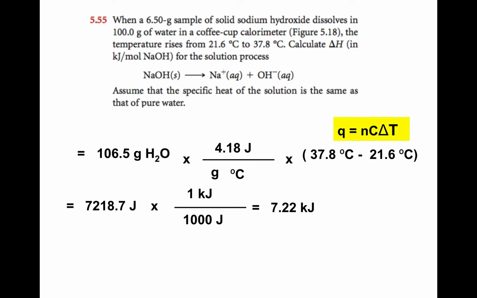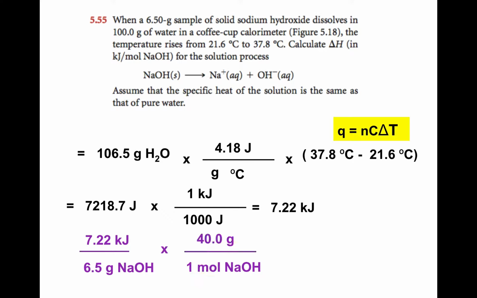What they wanted to know is what the delta H per mole of sodium hydroxide is. All right, so you dissolved a 6.5 gram sample. So for every 6.5 grams, that's how much heat went into the water, the 7.22. So you divide by grams and we get kilojoules per gram. We want to use the molar mass of sodium hydroxide to go to moles, right?